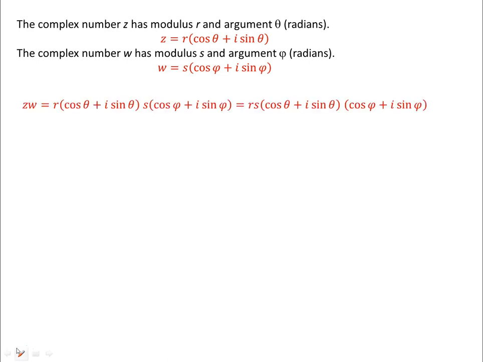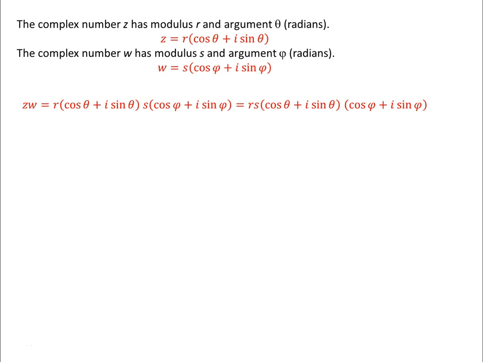So z times w is the result of multiplying r cos theta plus i sin theta by s cos phi plus i sin phi, and that's going to give me rs times cos theta plus i sin theta times cos phi plus i sin phi.